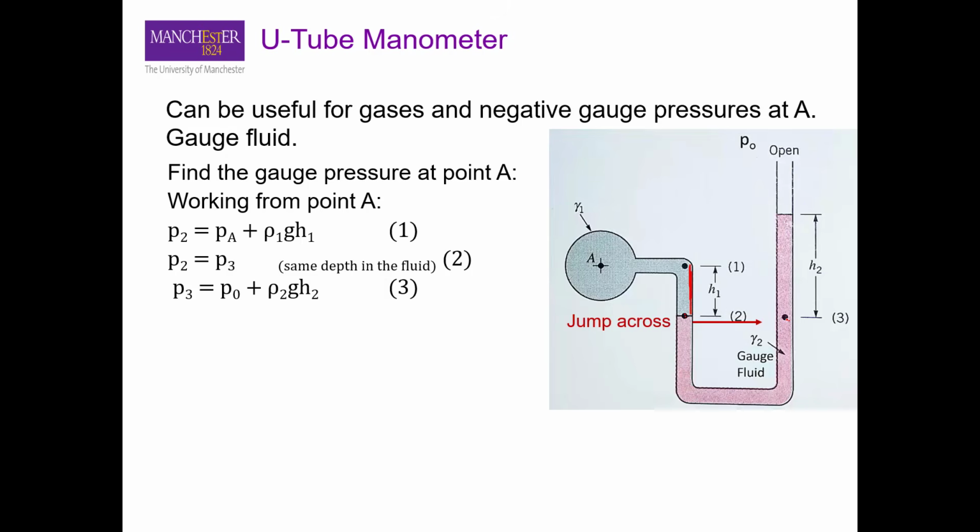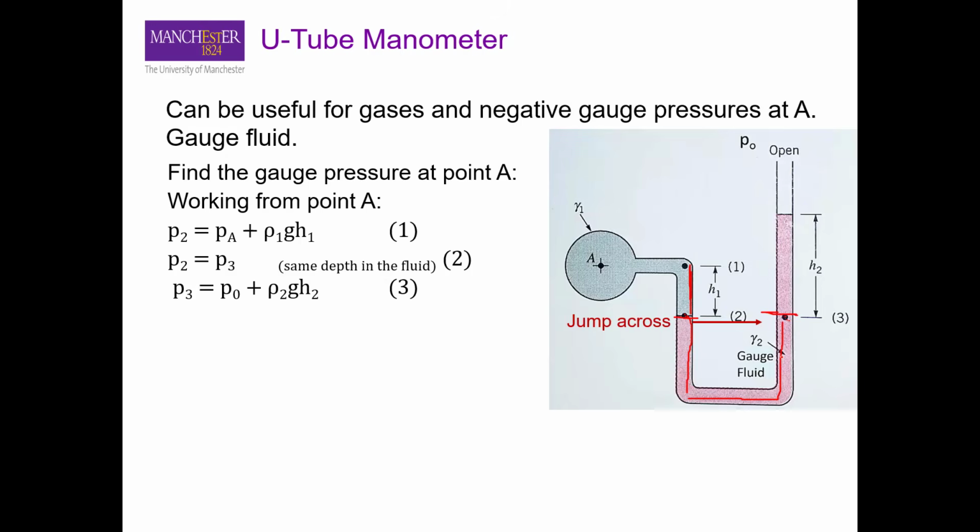Another way of looking at why these pressures are the same at these two points is that if you go down, you will see that the pressure increases due to the depth of this fluid, and then you go in this direction, and then if you go up, you will see that the pressure decreases again. So this increase and decrease in pressure cancels out, and that is why the pressure at this point should be equal to the pressure at this point at the same height. So we can just jump across from this point to this point.